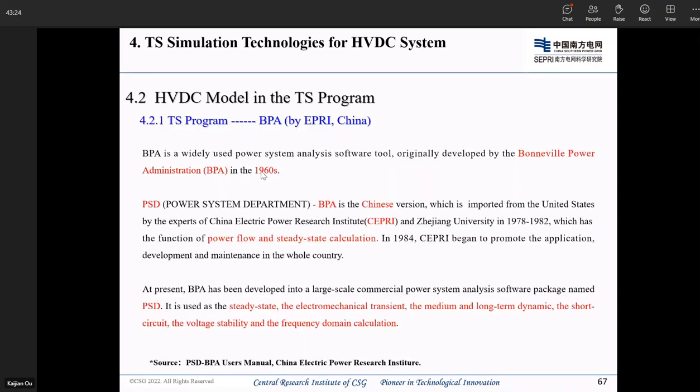And then the TS simulation program is like BPA. BPA was originally developed by the Americans and developed further by EPRI of China.